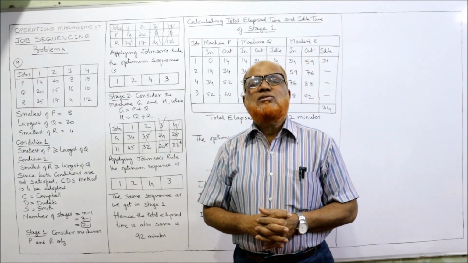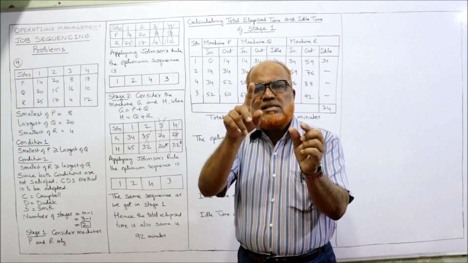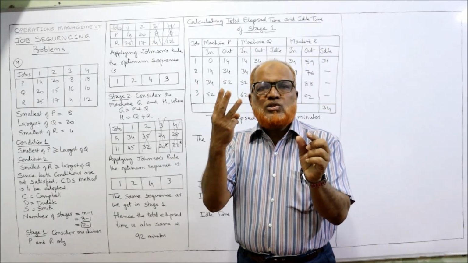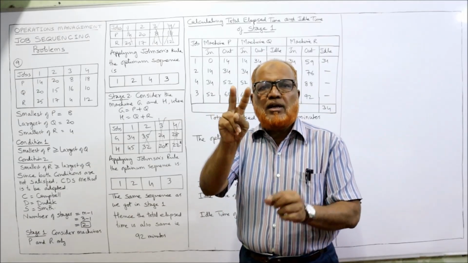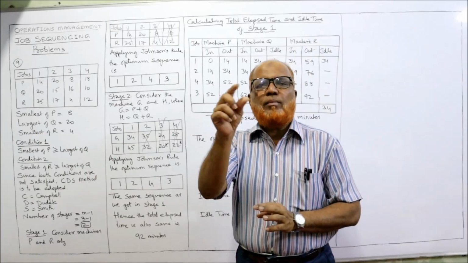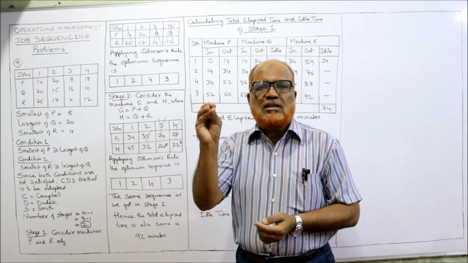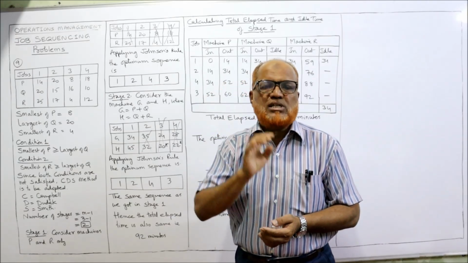Number of stages depends on number of machines. That's why the number of stages required is m minus 1. Suppose 3 machines are there, 3 minus 1, in 2 stages we get the answer. If 4 machines are there, 4 minus 1, 3 stages we require. If 5 machines are there, 5 minus 1, 4 stages we require.